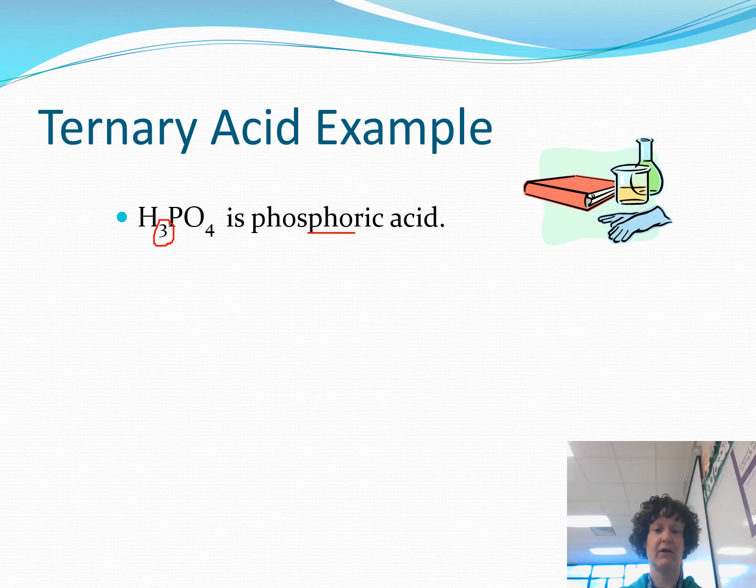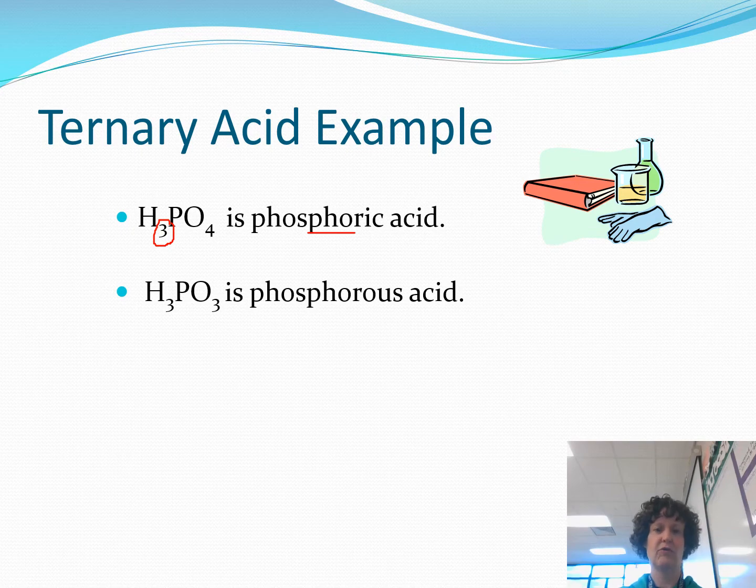All right, now, what do you think would happen if we took away 1 oxygen? So 1 less oxygen than phosphate. That actually would be a polyatomic ion called phosphite, which you haven't learned. It's not on your list. But we know if it has one less, then it's going to have an ite ending. Well, if it has the polyatomic ion that ends in ite in the compound, then the ending is going to be ous acid.